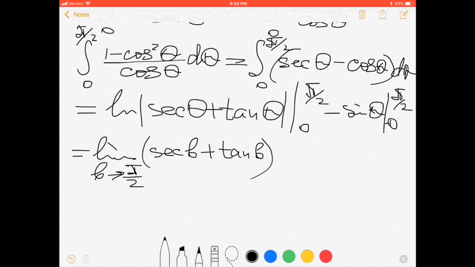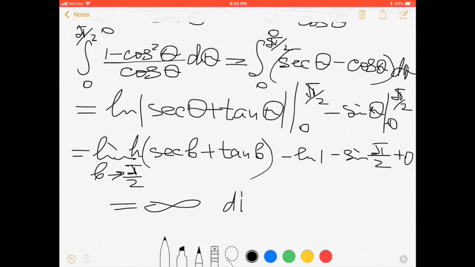We have minus ln 1, sine pi over 2 minus sine pi over 2, and plus sine 0, which is 0. Okay, here we have secant b. If b approaches pi over 2, this is ln of infinity, tangent gives us infinity. This means we have natural log of infinity, which is infinity. And this integral diverges.